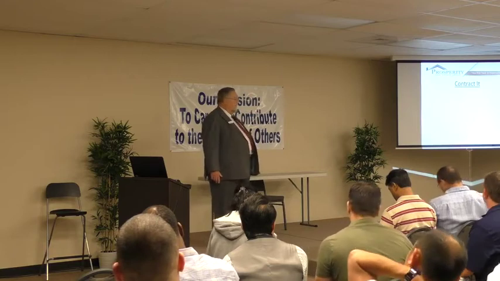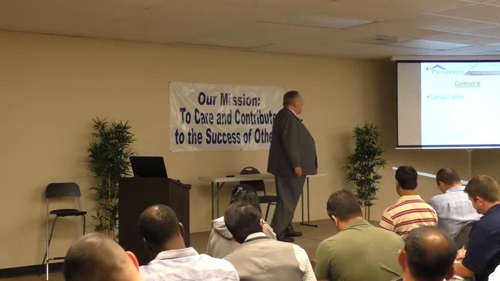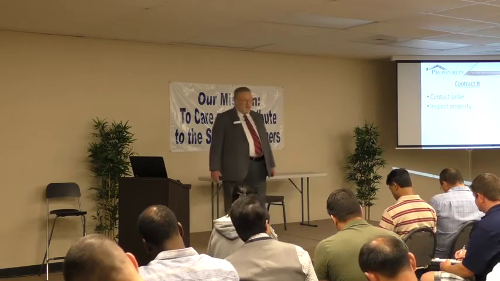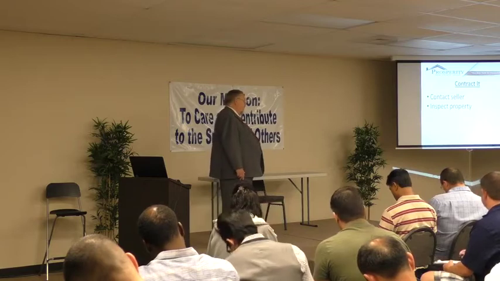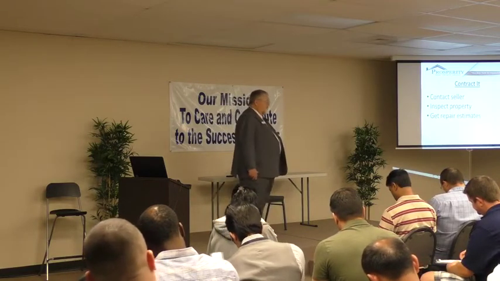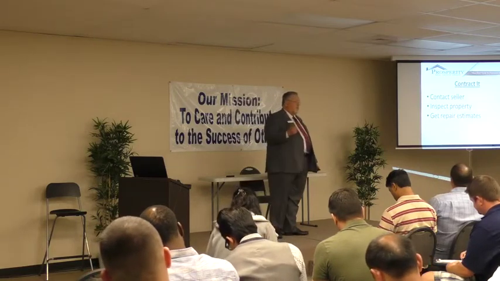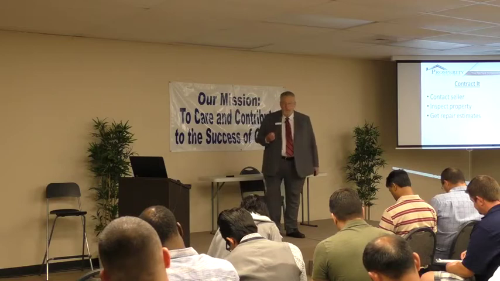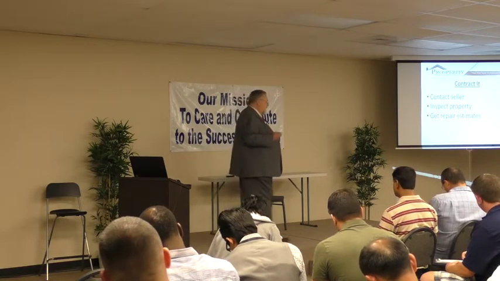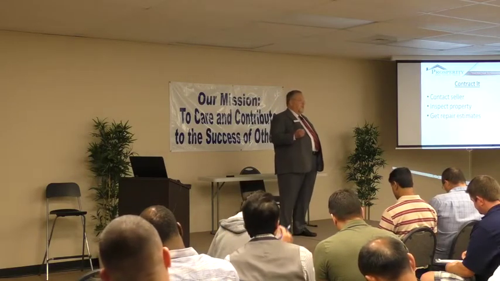Next thing you got to do is you got to contract it. Contracting is pretty straightforward. You've got to contact the seller. You've got to inspect the property so you know what you're dealing with. You've got to get a repair estimate. Now, George touched on repair estimates previously. From a wholesaler's perspective, you don't need to be very explicit in your repair estimates. You have to be accurate, but not explicit.